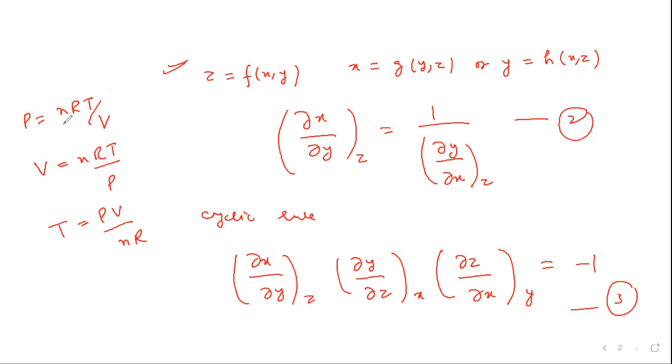That means pressure is a function of temperature and volume, and you can rearrange the things and make volume a function of temperature and pressure, and temperature a function of pressure and volume. So the cyclic rule can be applied here.